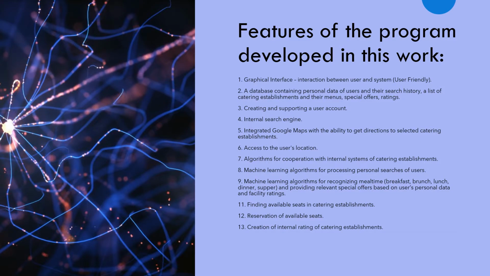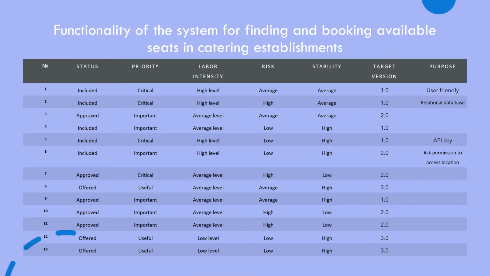Features of this program were discussed in the last presentation, so now the status, priority, labor intensity, risk, stability, target version and purpose of those features will be discussed. Status shows if a function is included in the current version or it is approved and will be developed in later versions.